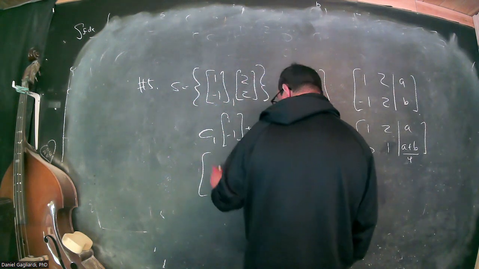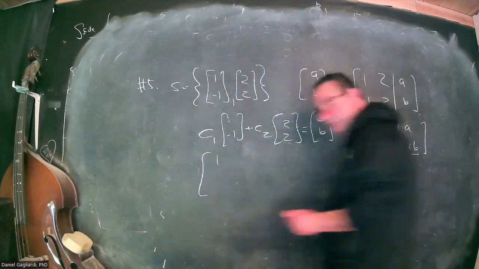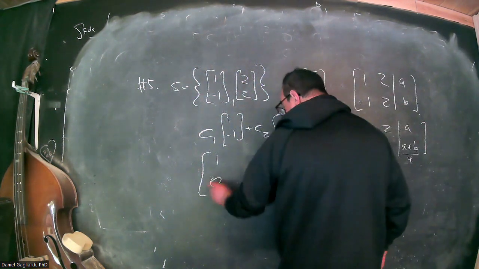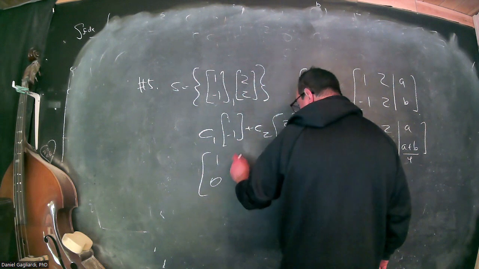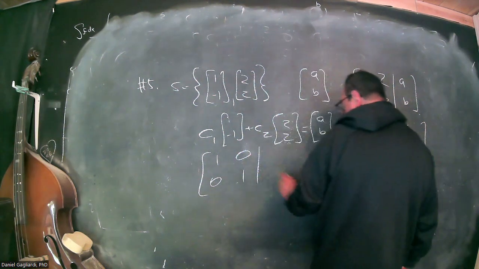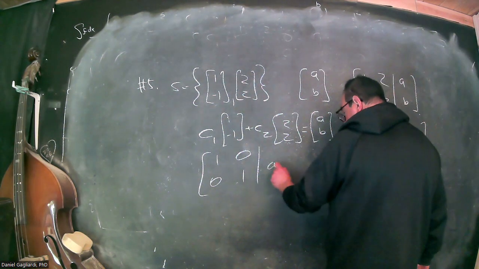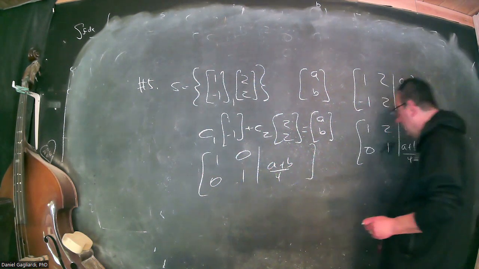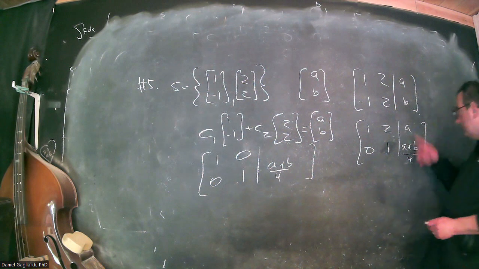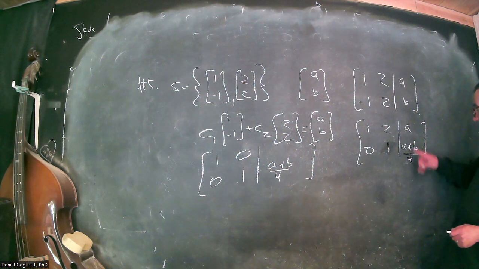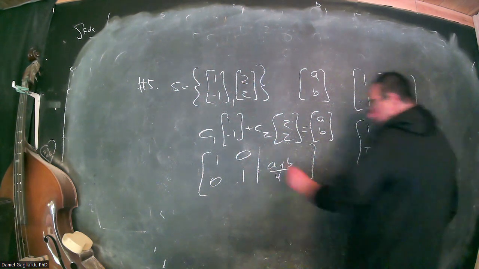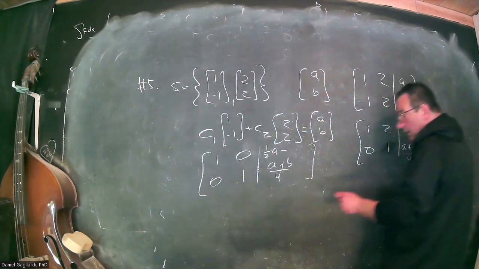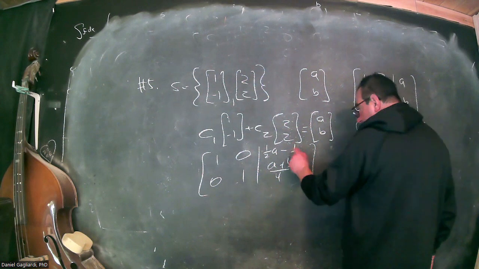So we'll subtract 2 row 2s from row 1. So we have 1, 0 and 0, 1 over here. And we have (a plus b) over 4. That's a over 4 plus b over 4, right? So when we subtract 2 of those, we have a minus 2a/4... that's 1/2 a minus 2b over 4, so that's 1/2 b.